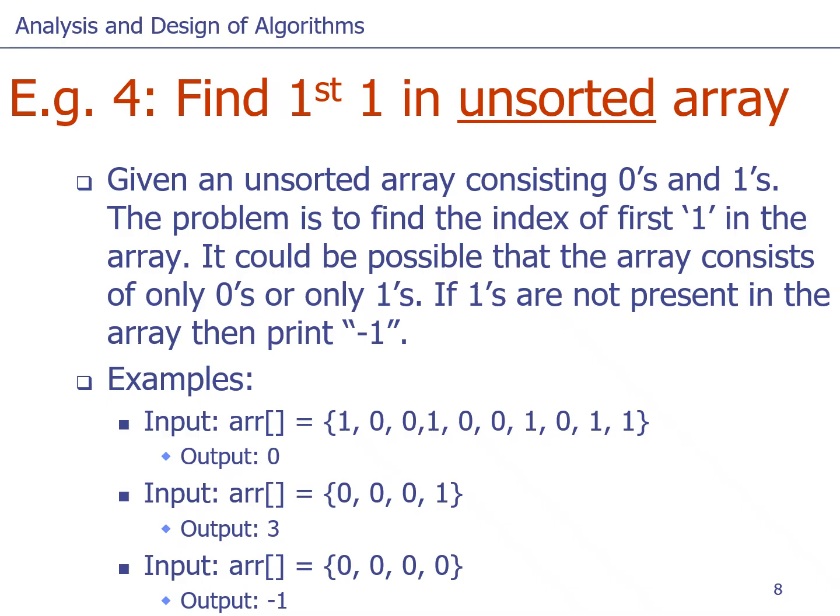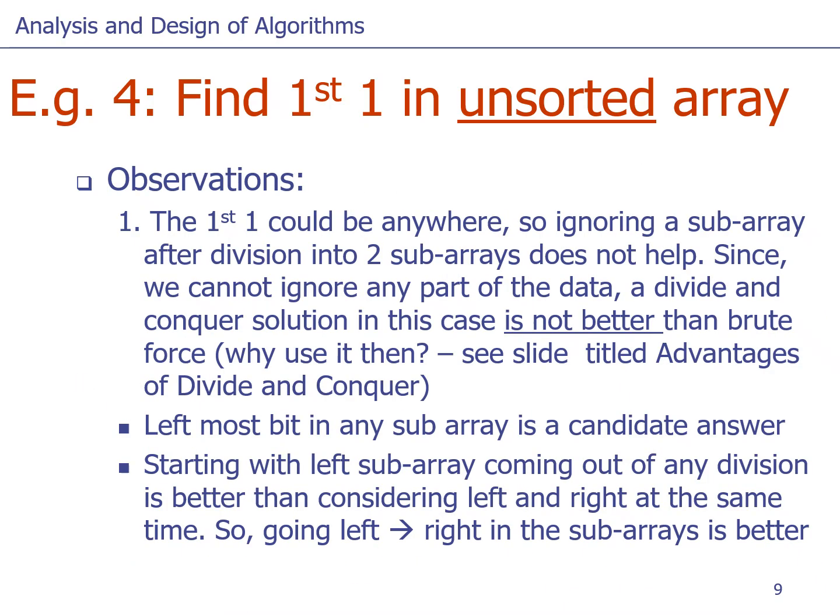It does not make sense because the one could be anywhere. Okay? So let me read the observations again. The first one could be anywhere, so ignoring a subarray after dividing into two subarrays does not help. I mean by that, the notion of saving computational time by ignoring a subarray because the answer will never be there is not going to hold here.